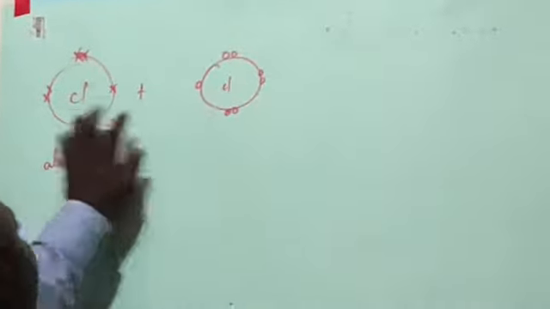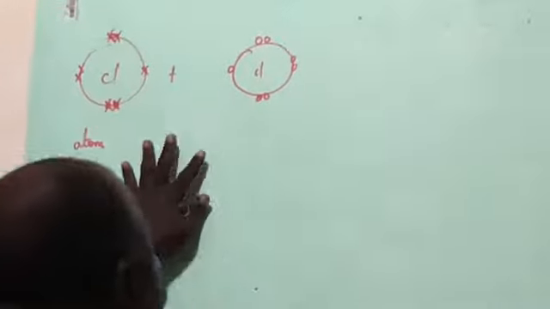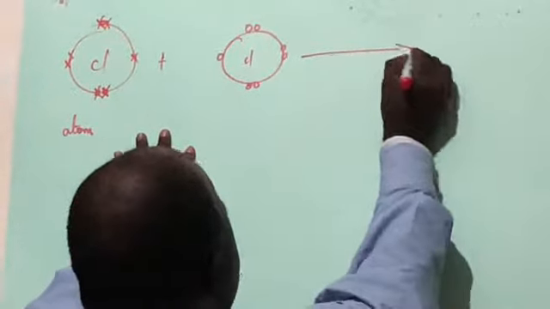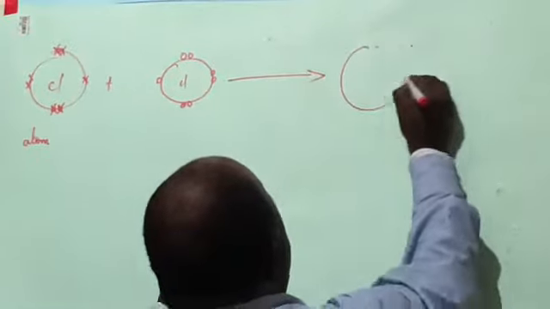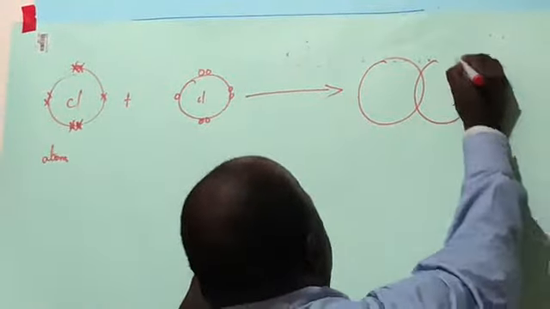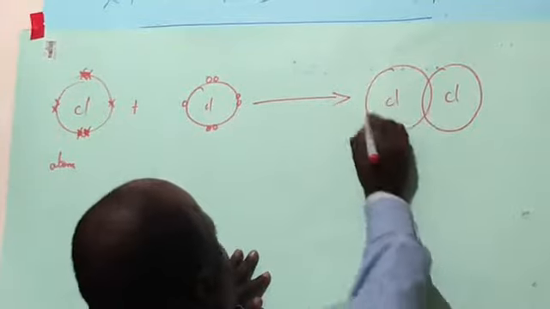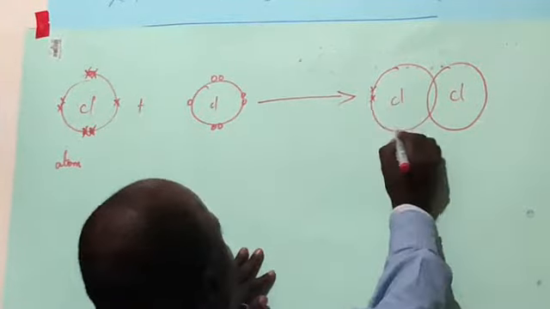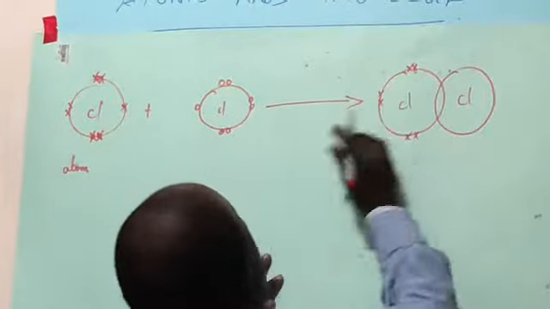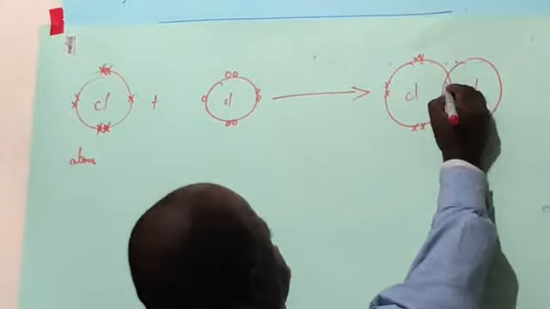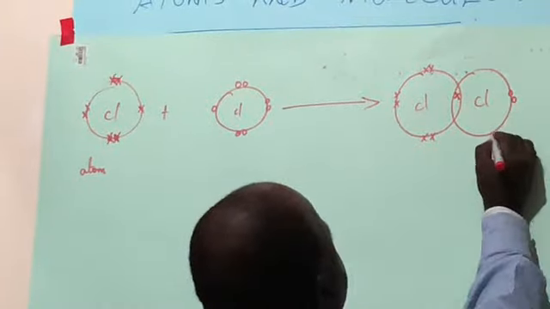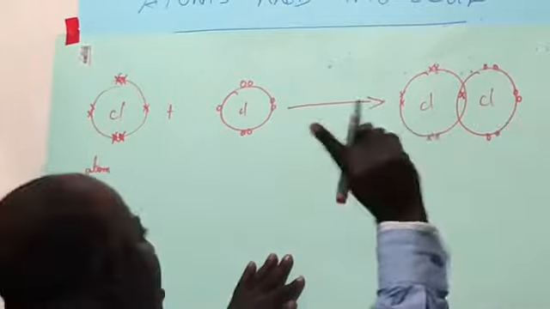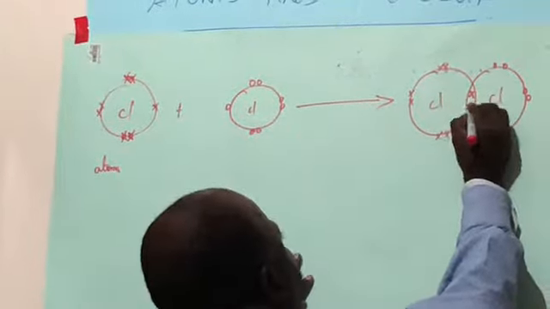If these two chlorine atoms, which are atoms of the same element, come together, they are going to form what we call a molecule of chlorine, and it's going to be represented like this: chlorine, chlorine. This one donates 1 electron for the sharing. This other one also has 1 electron to donate for the sharing.